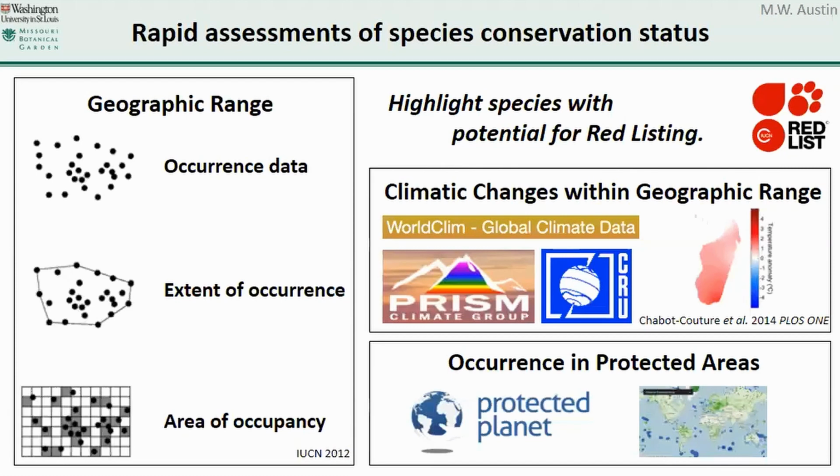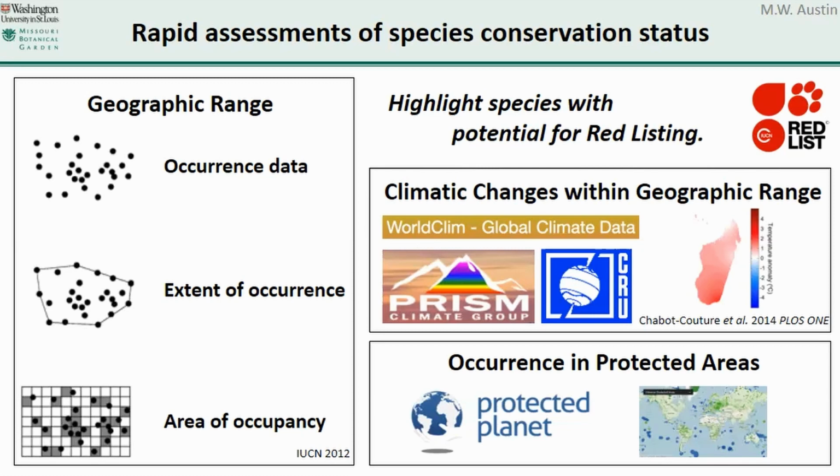In this pipeline, I will also use data from the World Database of Protected Areas to quantify the percent of a species' extent of occurrence that falls within a protected area.